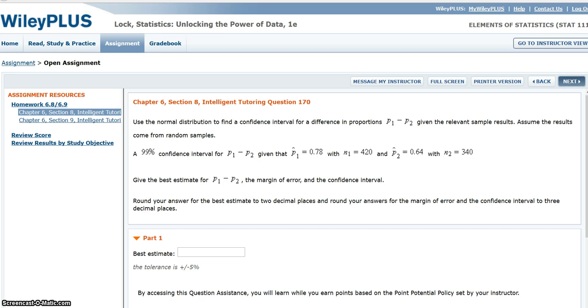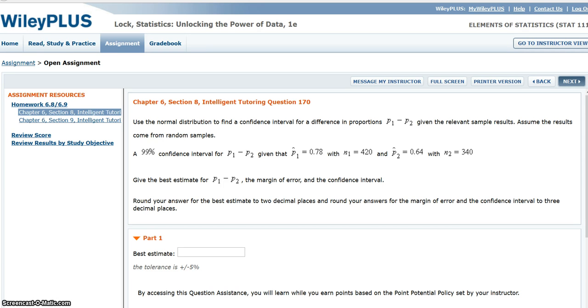So we're going to use the normal distribution to make a 99% confidence interval for the difference in the population proportions, P1 minus P2, given that the sample proportion from sample 1, P hat sub 1, is 0.78 with a sample size N1 of 420, and the sample proportion P2 hat is equal to 0.64 with sample size N2 equal to 340.